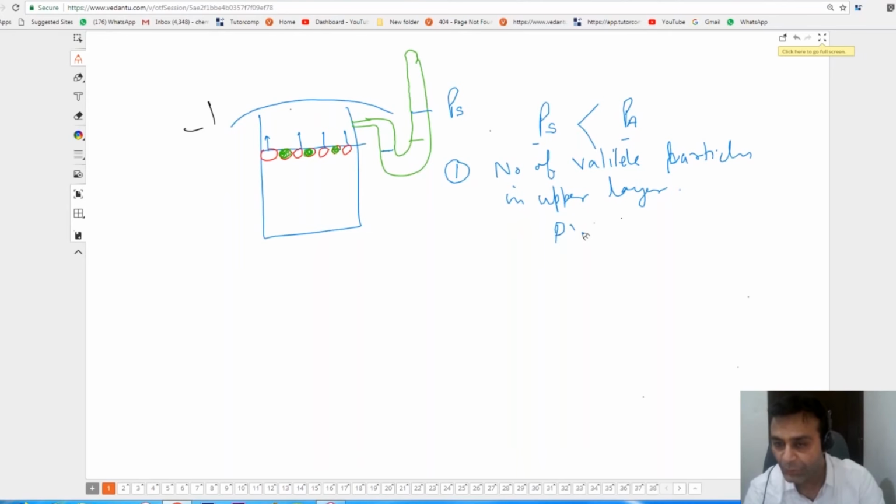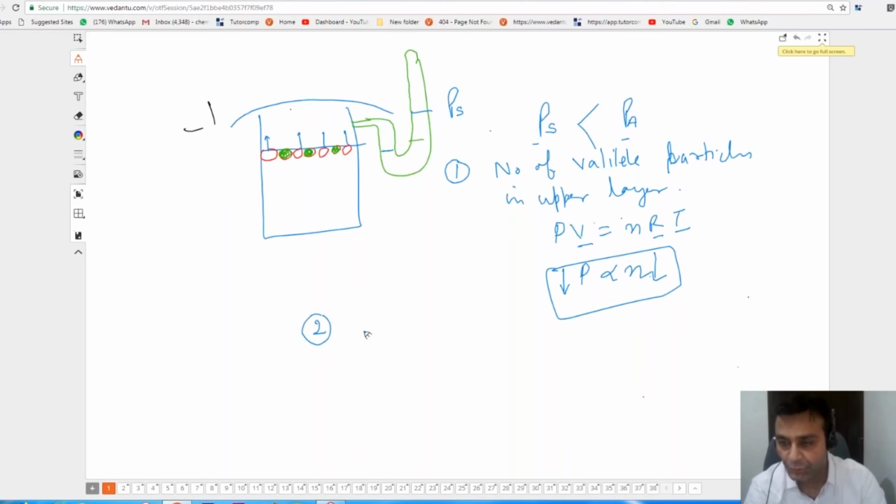We know the equation PV equals nRT. Temperature is constant, volume is constant, R is constant, so pressure is directly proportional to the number of moles. So fewer vapors are formed, and less pressure will be created here. Number one reason is this.